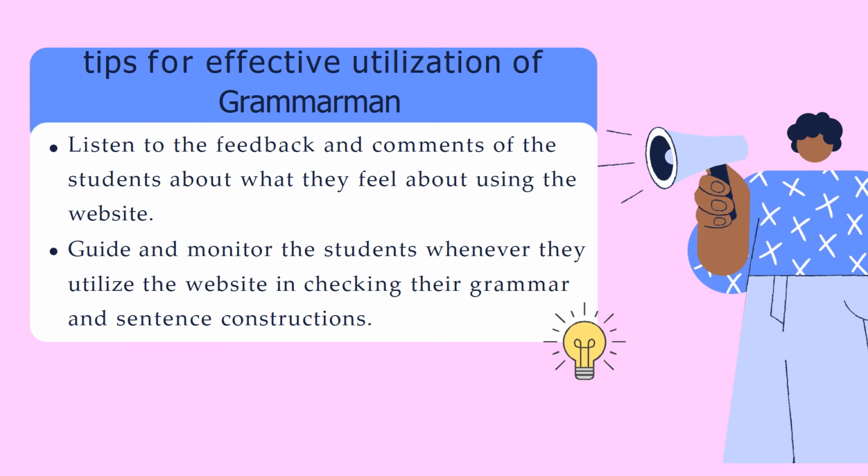Listen to the feedback and comments of the students about what they feel about using the website. Are they satisfied? Does the website provide the answer they needed? Guide and monitor the students whenever they utilize the website in checking their grammar and sentence constructions.